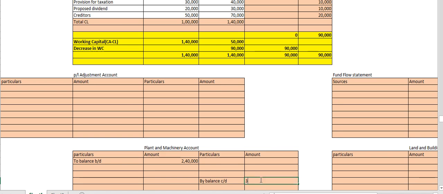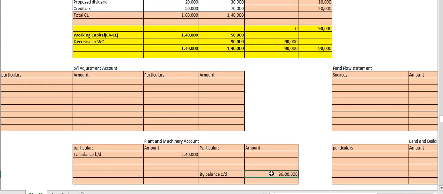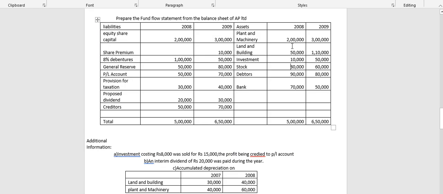And 3,60,000. So basically, how do we get this amount? 2,40,000 and 3,60,000. So if you see, the balance brought down is 2 lakhs, and the balance carried down is 3 lakhs. The plant and machinery accumulated depreciation for the previous year is 40,000 and for the current year it is 60,000.